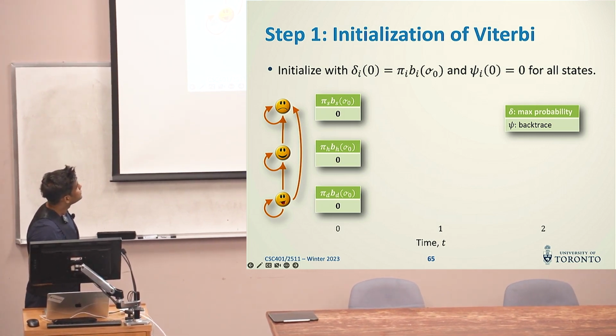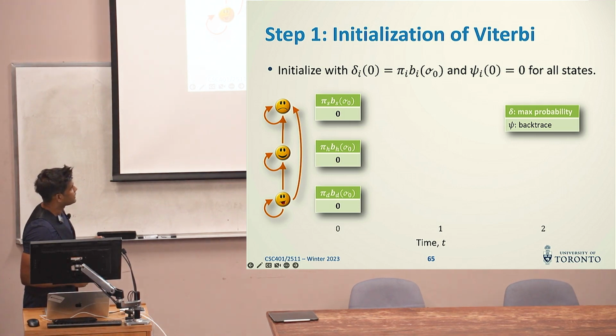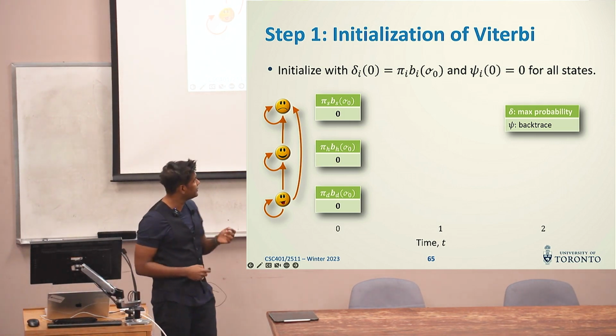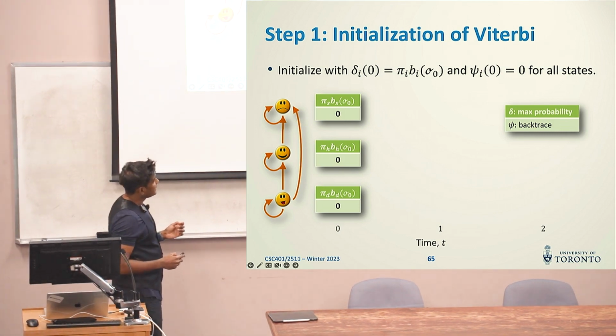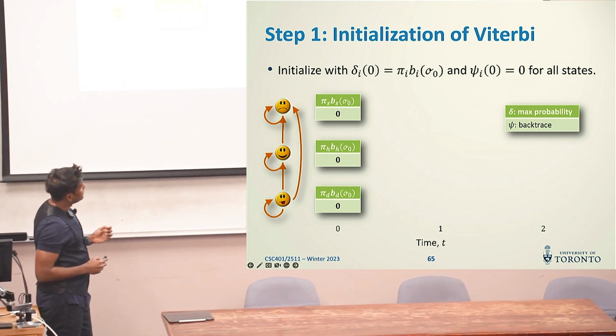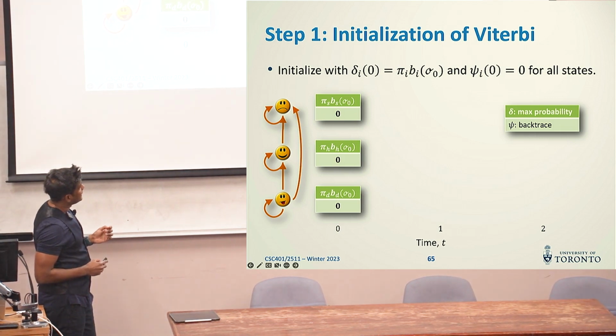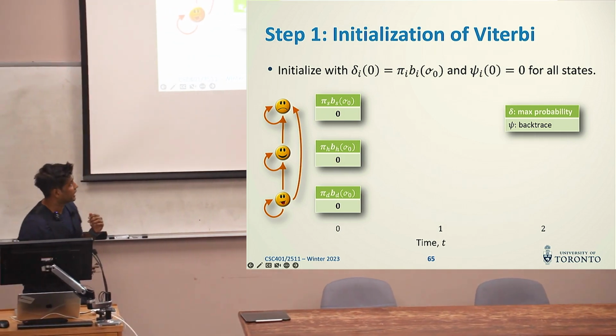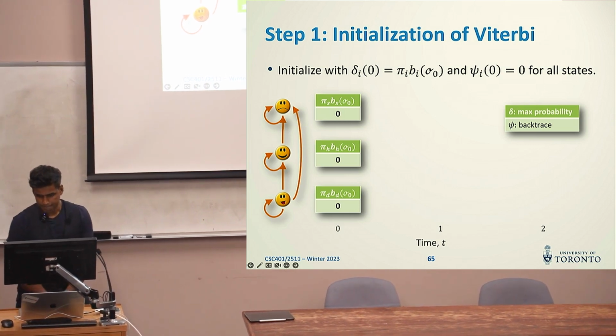And our goal is to basically reach the end. In this case, we just have 3 time steps, meaning our observation consists of just 3 words. And our goal is to reach here and select the delta with the maximum probability and use psi to read off the state sequence that gives rise to that max probability. Okay?